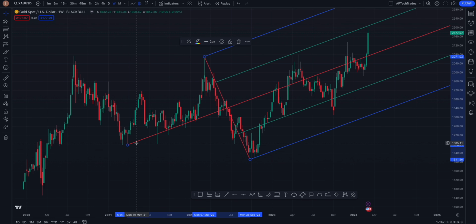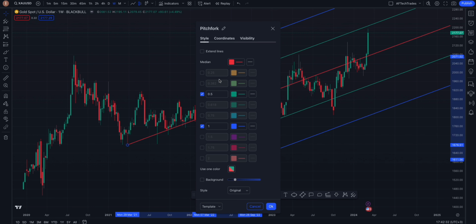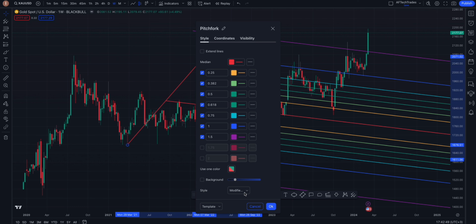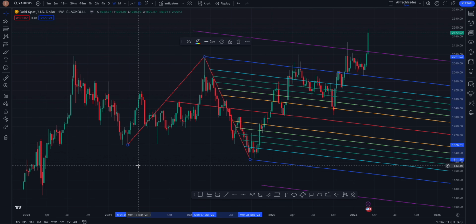Now, I want to go inside this again and return back to my modified tool. What I simply did was I put an extension here. I check all this back to the 0.25. Okay, then I said, okay, you have more lines now.